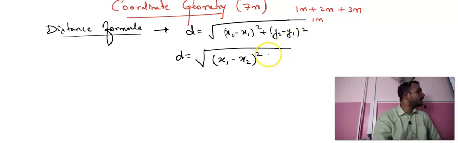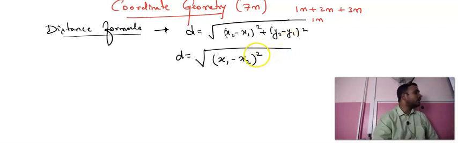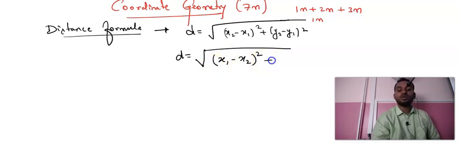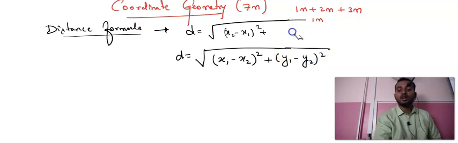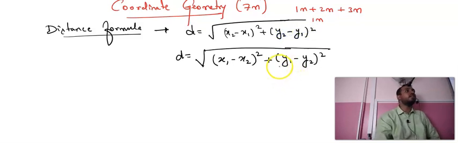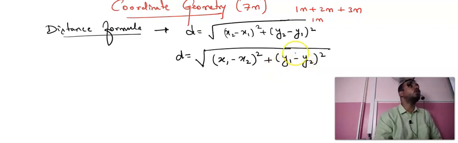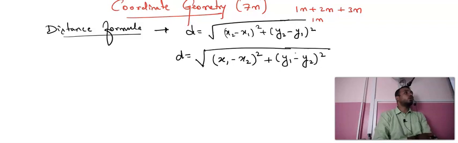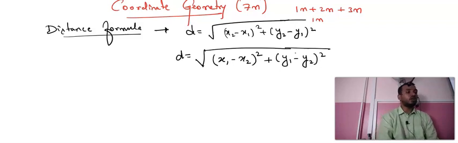Instead of x2 minus x1, you can write x1 minus x2 whole square plus y1 minus y2 whole square. Instead of y2 minus y1 whole square, you can also write y1 minus y2 whole square. Understood? It's not wrong, you can write in this order also.